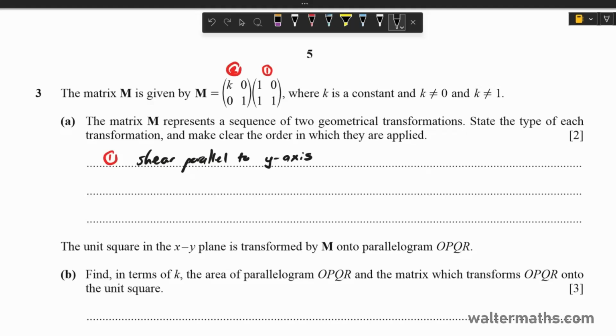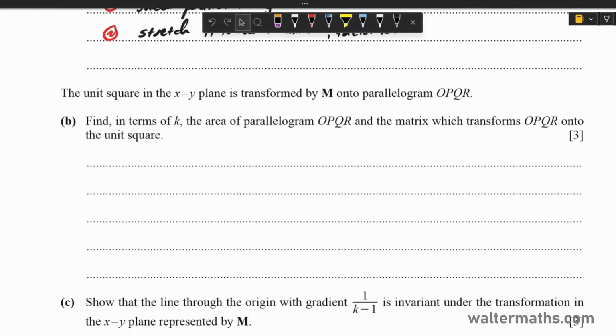And for the second transformation, this one represents a stretch which is parallel to the x-axis, with a factor k, stretch factor k. So these are the 2 transformations going on right here. Let's go on to part B.